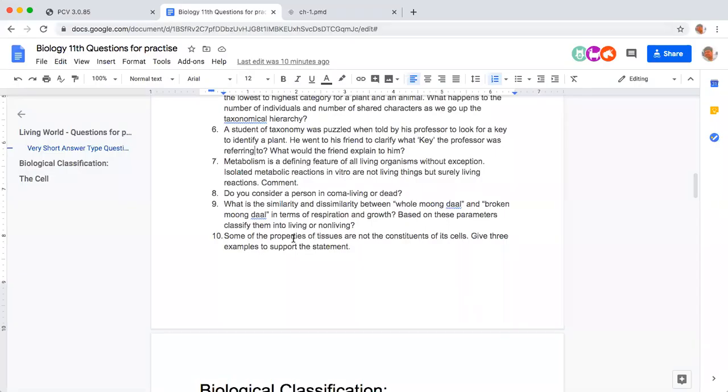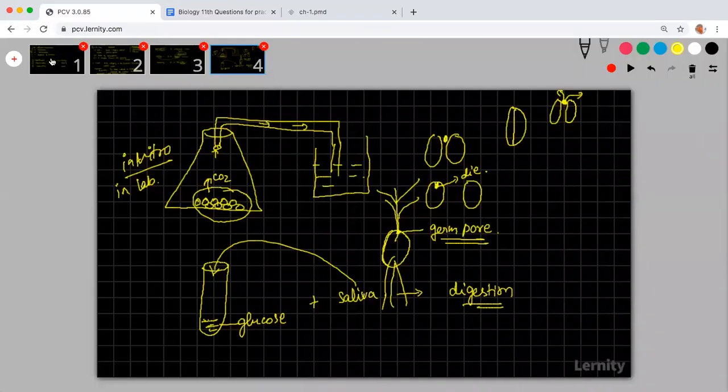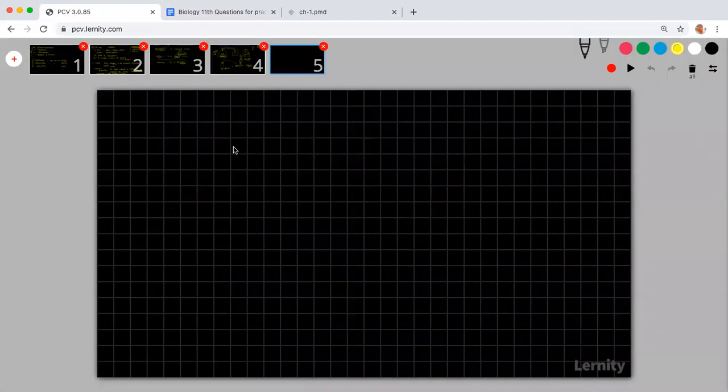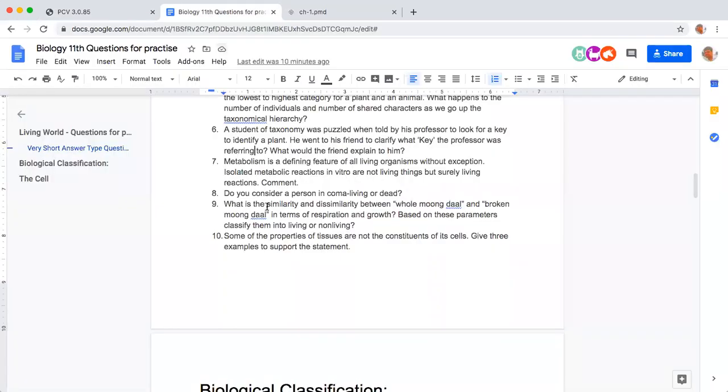The last question. Some of the properties of tissues are not constituents of its cells. Give 3 examples to support it. So what is the thing? You can give about a tissue. They are asking for examples.